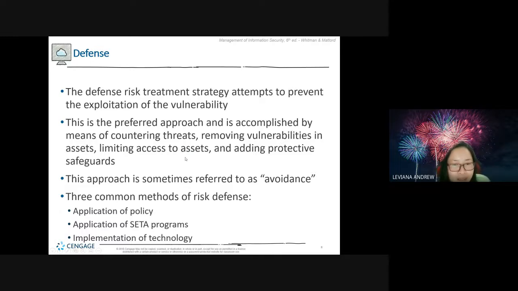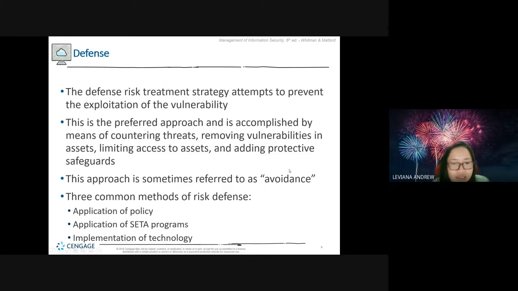And then limiting access to assets. So payroll data needs to be accessed by only certain positions, not allowing any end user to access it, or use biometrics or passwords. Then add protective safeguards, for example, use an encryption key, or provide security staff and personnel.